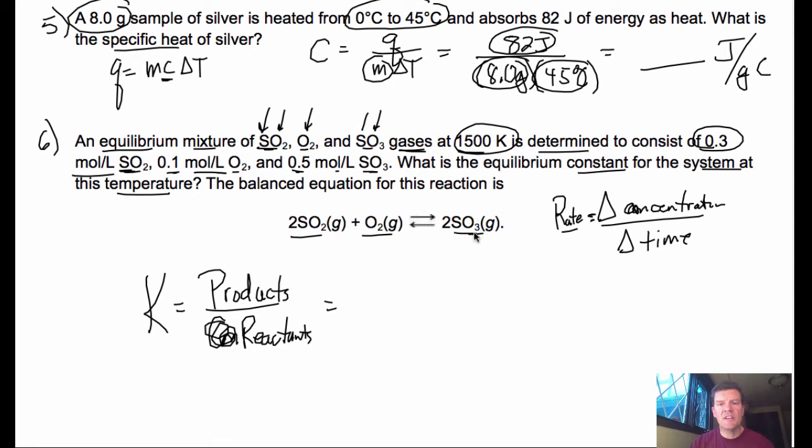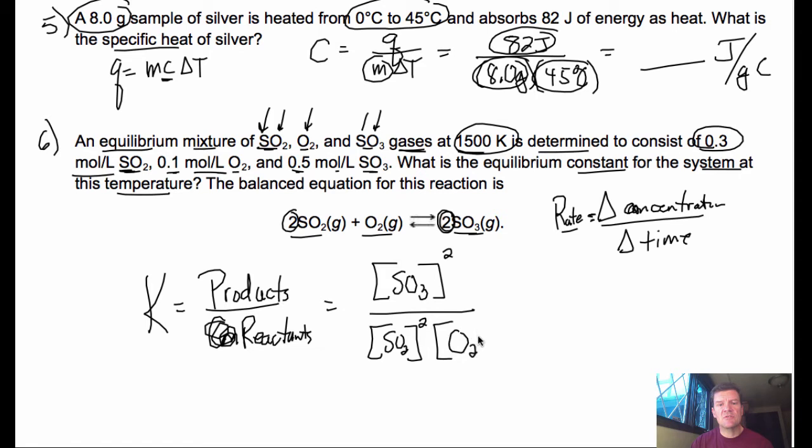Our only product is the SO3. So it's a concentration of SO3. And remember, that concentration is then raised to a power equal to the coefficient. So this is going to be squared. And then the reactants are SO2, and it's going to be squared. And then times the concentration of O2. And it's going to be just the first power.